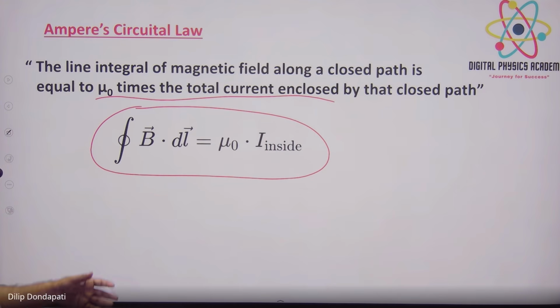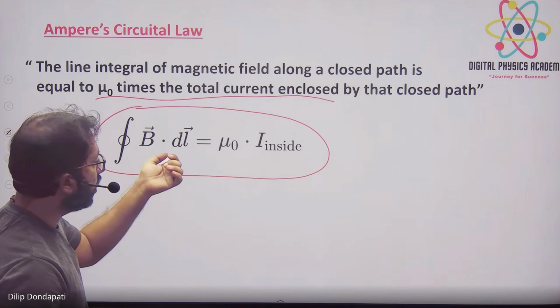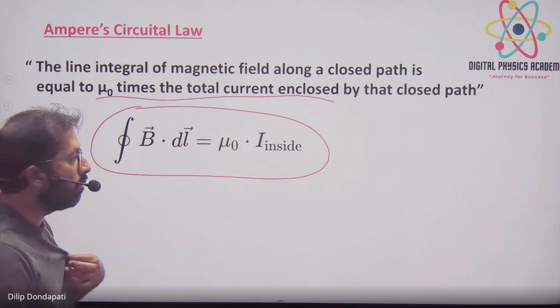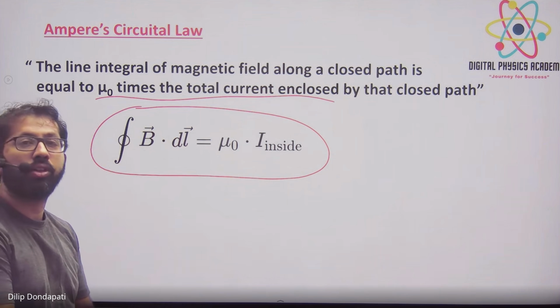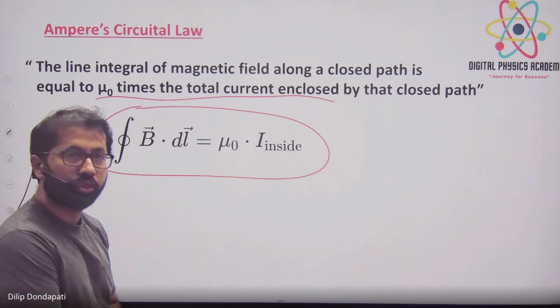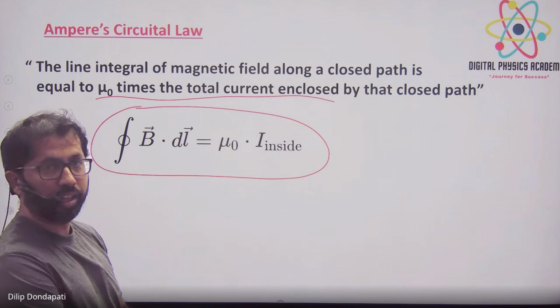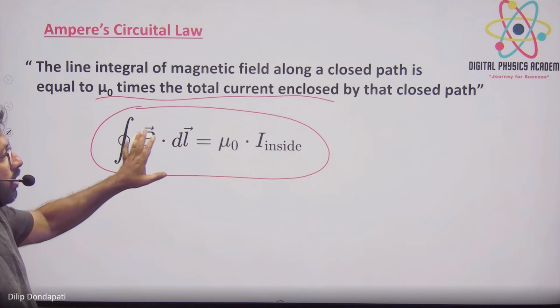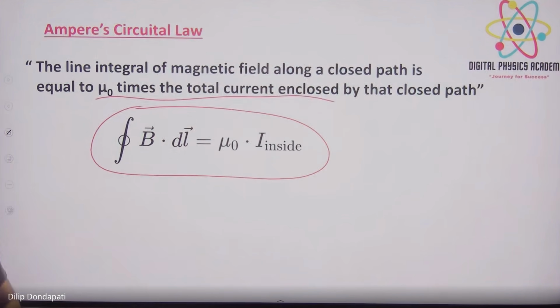This Ampere circuit law is a shortcut to find the magnetic field. Normally, how did we find the magnetic field until now? By using Biot-Savart's law, we used to find the magnetic field by integration. But without integration we can directly get the magnetic field by using this shortcut. After so many years they found this one.